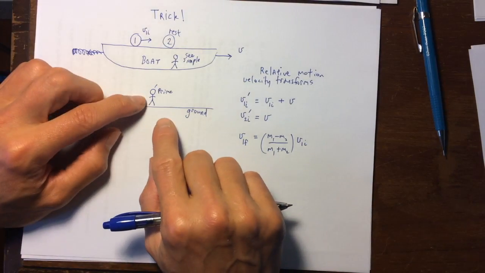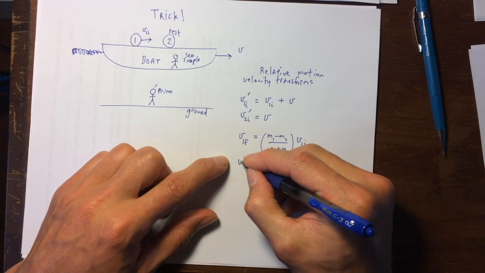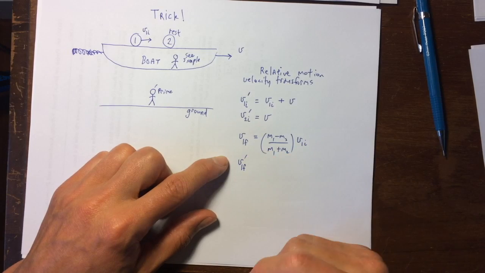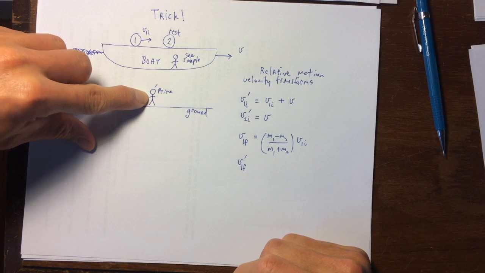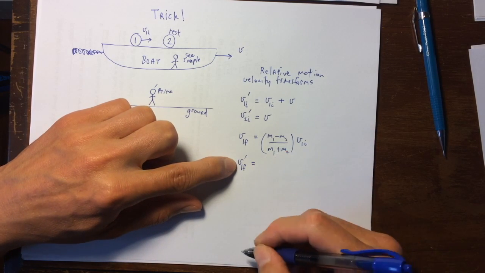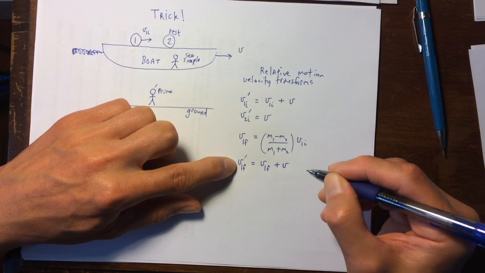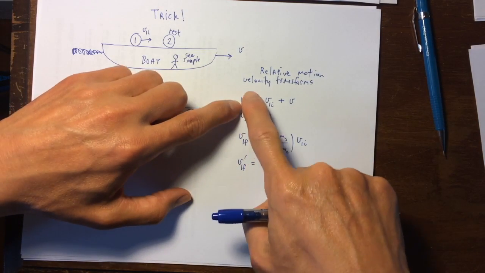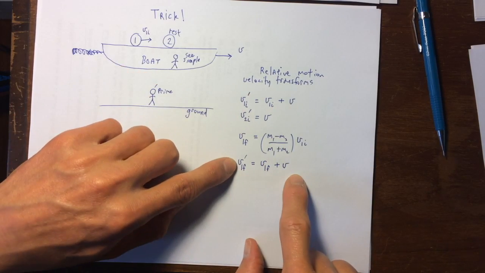So what I'm going to do is transform and ask, well, what will it have to be in the prime frame? So v1 final prime is equal to v1 final plus v, just like v1 initial prime is v1 initial plus v. So that's the case here.